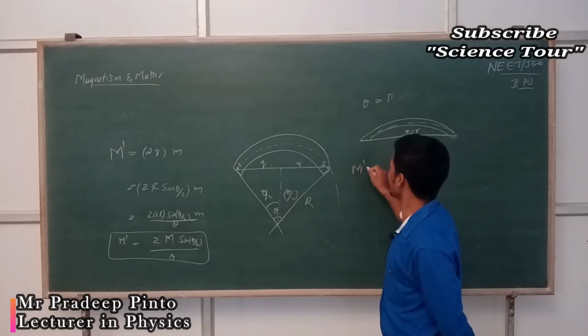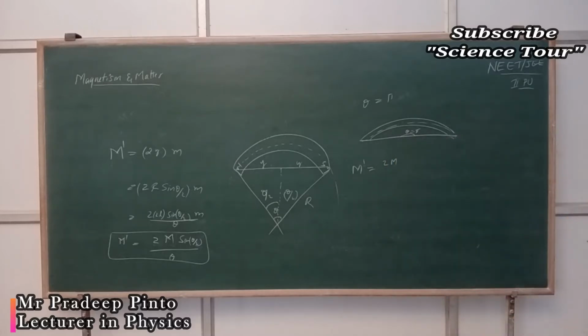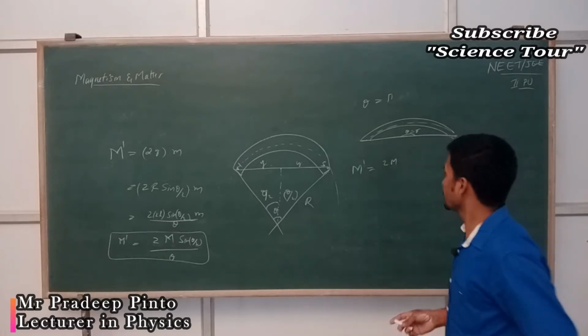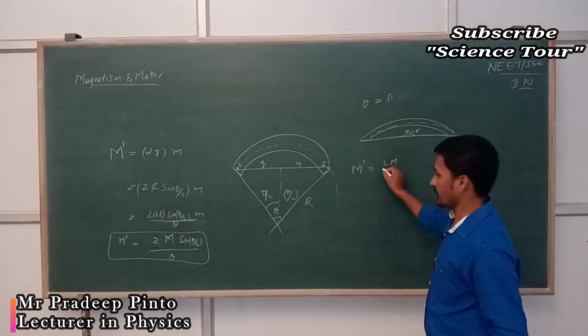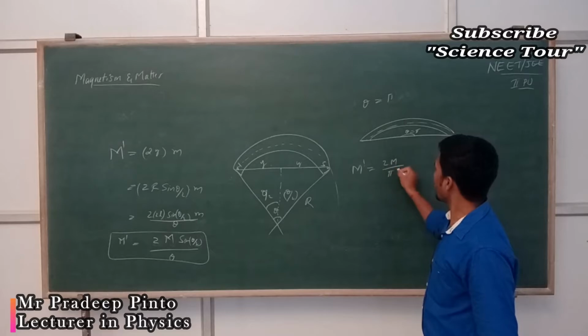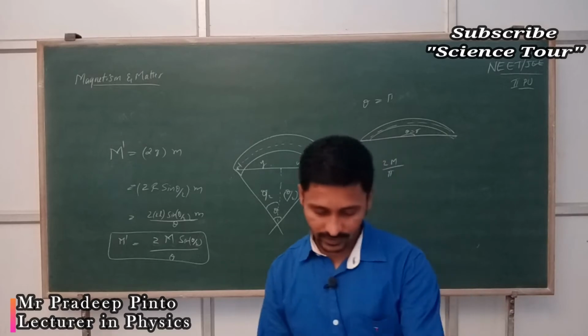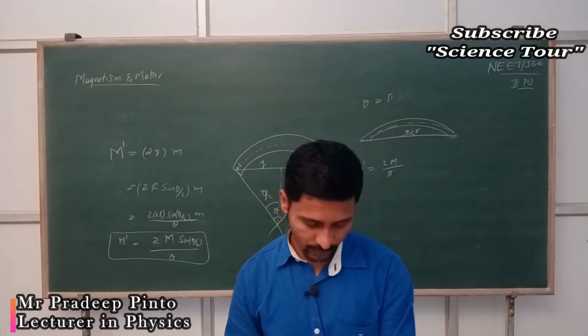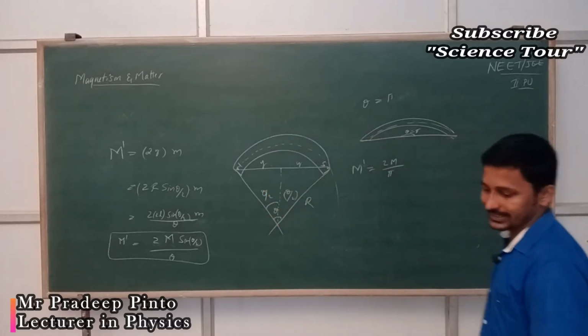So m dash will be equal to 2m sin pi by 2 divided by theta. So sin pi by 2 means how much? Pi by 2 is 90 degrees, that is 1, and divided by theta, which is pi. So for that you are going to get 2m by pi.